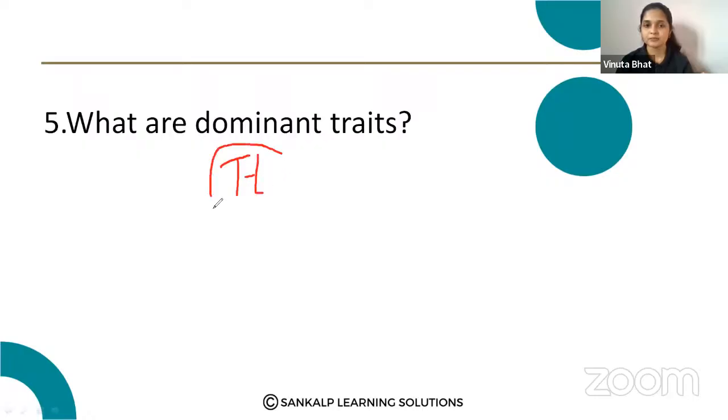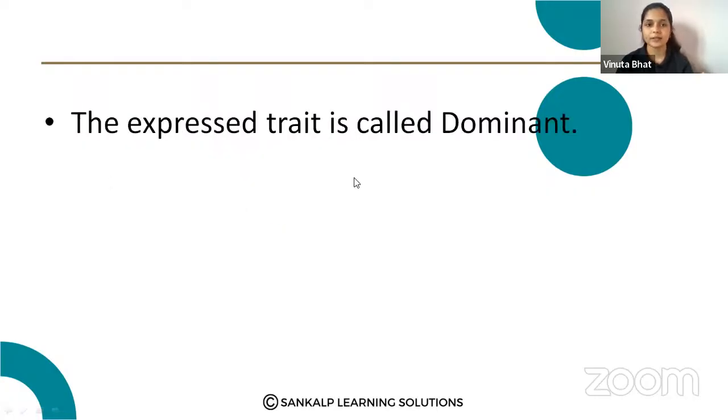Here capital T is expressed, right? So that is called a dominant trait. The characters which are expressed in the presence of another type of allele are called dominant traits. The expressed trait is called a dominant trait.